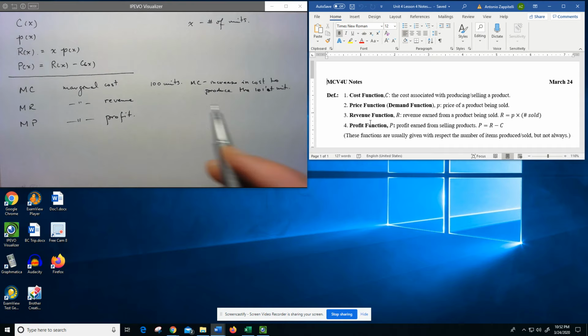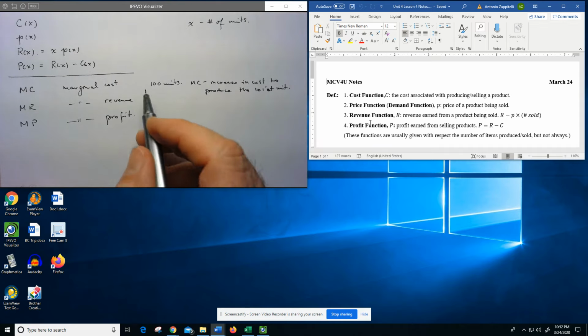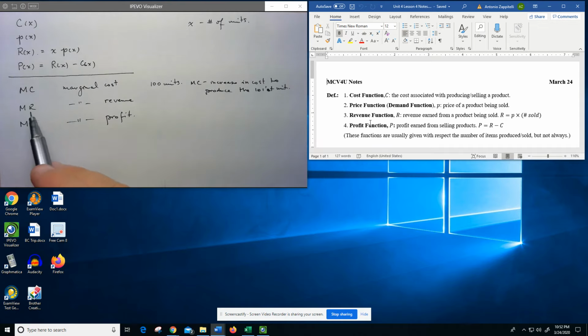If you think of this on a graph, and similarly for these others, what is the marginal revenue? It's the revenue that I make by selling one more unit of whatever I'm selling. What is the marginal profit? It's the profit that I'm making, or possibly the amount of money I'm losing, by selling one more unit.